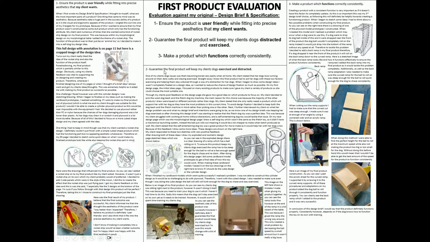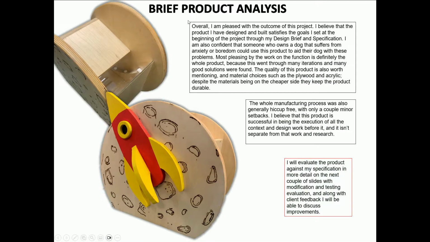And here we go. This is my first product evaluation, where I wrote about all my specification points, my design brief and specification points: ensure the product is user friendly whilst fitting into the precise aesthetics that my client wants. I didn't just waffle, it was good quality stuff. Now it's my brief product analysis.